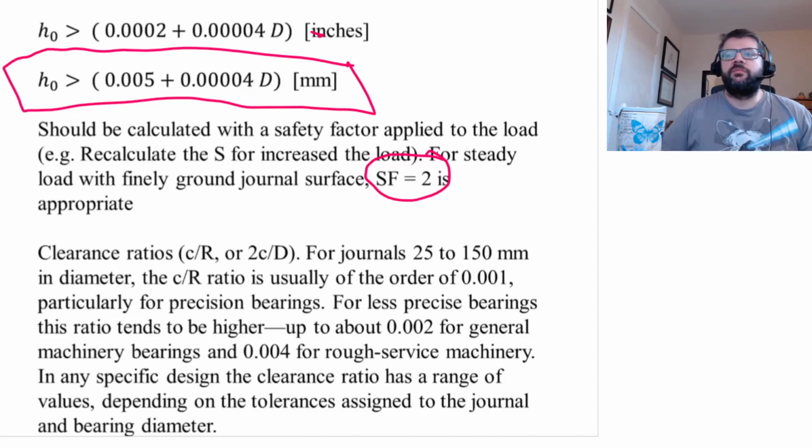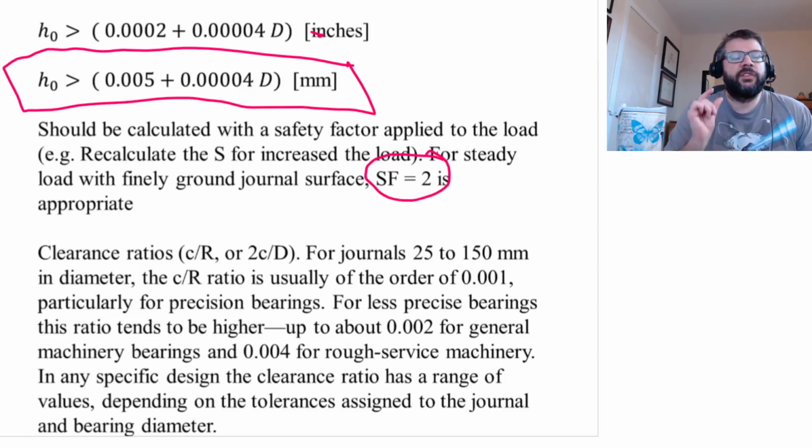So clearance ratios are going to be, what's available is variable depending upon how much you want to spend. The thing to keep in mind is that anytime you're buying these things, you're going to get a certain tolerance range. So the size of your journal and the size of your sleeve are not going to be exact, because you can never manufacture something that is exactly the size you need.